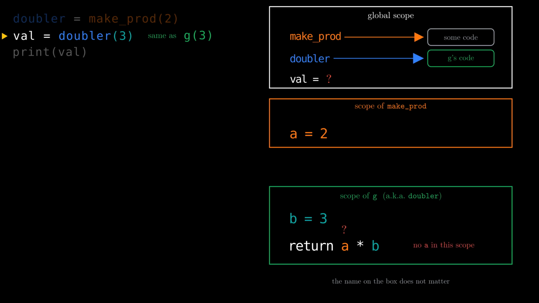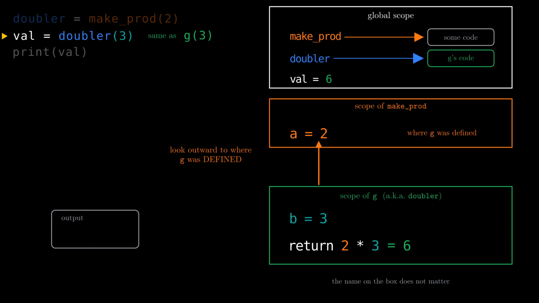There is no a in this scope, so we do the same trick as before. We look outward to the scope where g was defined, the call to MakeProd, and grab the first a we find there. That scope has a holding 2. 2 times 3 is 6. That 6 returns to whoever called us out in the main program scope, so val holds 6 and the print writes 6.